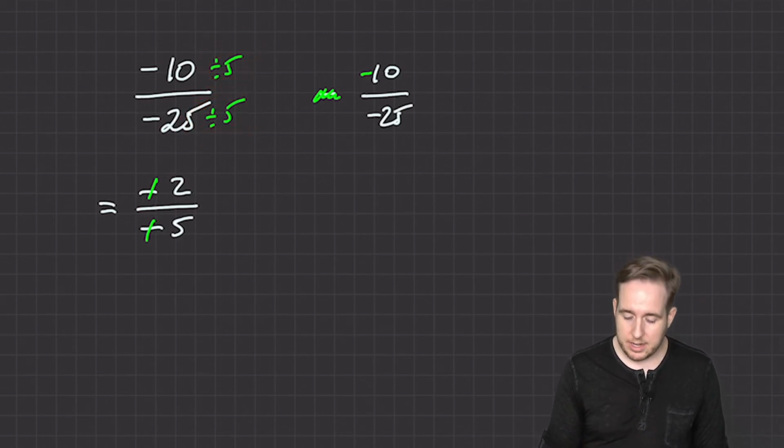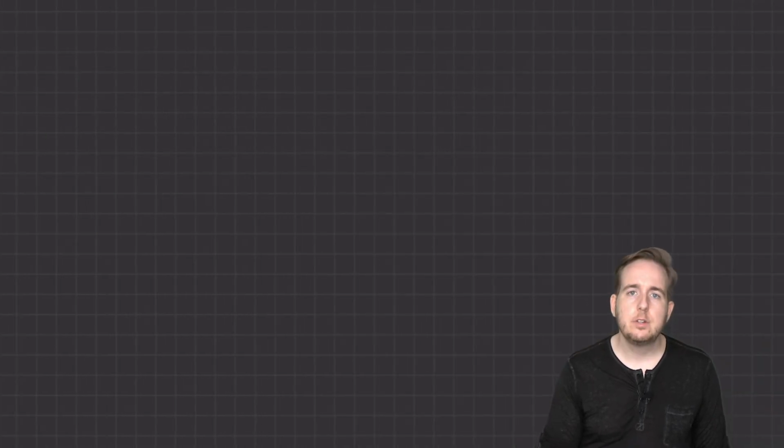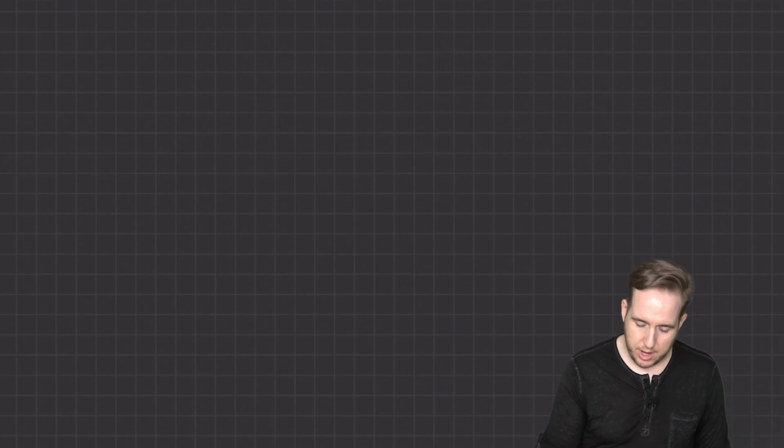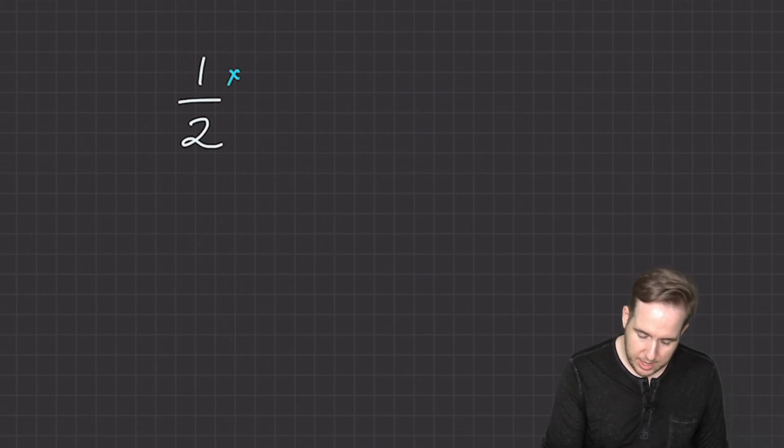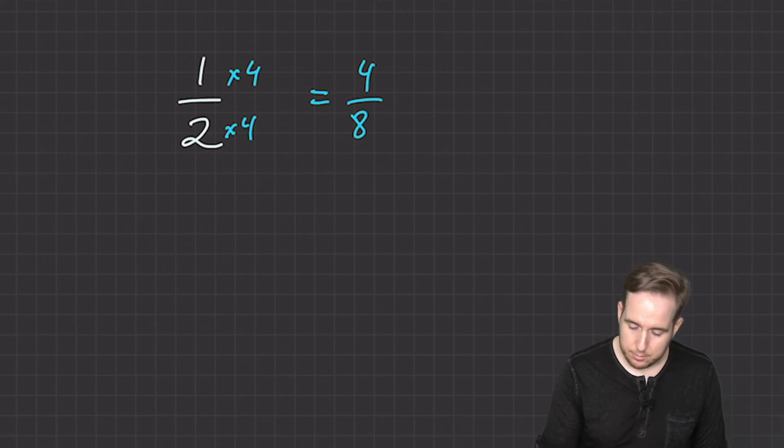So multiplying and dividing, that is a rule really, really important to understand, that rule does not translate to addition and subtraction. So if I have 1 over 2, I am allowed to do times 4 times 4 and get 1 times 4 is 4, 2 times 4 is 8. That's allowed.